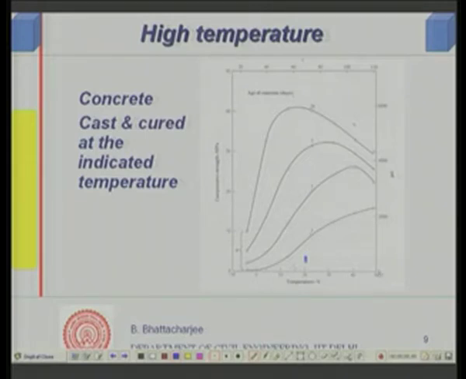It is cast at 50 degree centigrade and cured for 1 day, you will get this strength. Same concrete at 3 days, 7 days and 28 days.